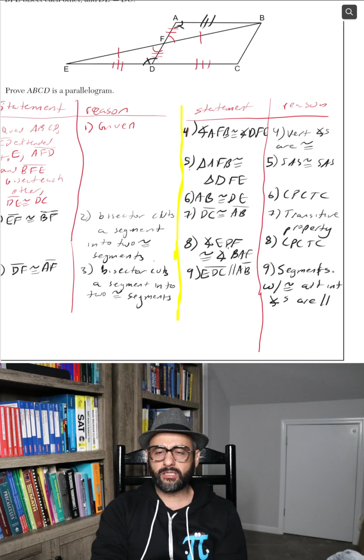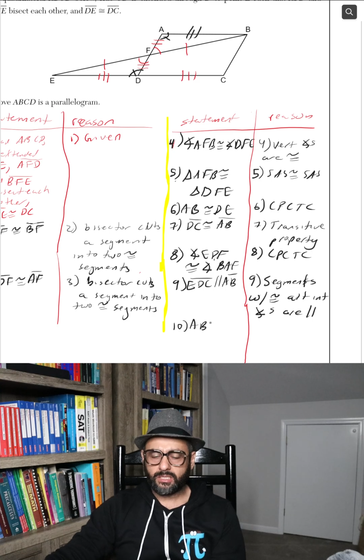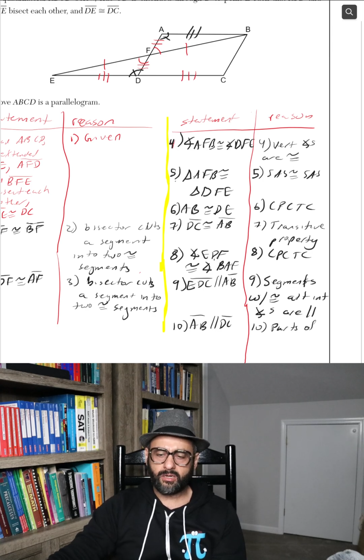And so that makes the sides AB and DC parallel. So statement 10 is that AB is parallel to DC because, well, parts of parallel lines are parallel.